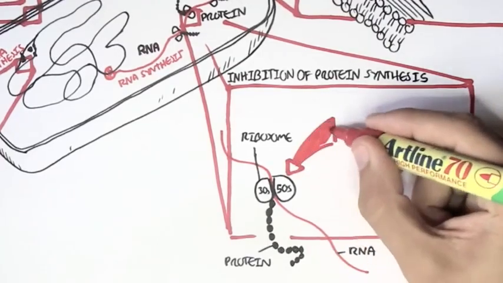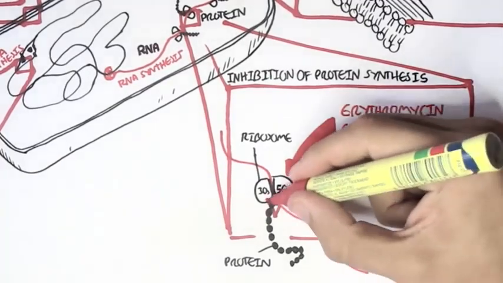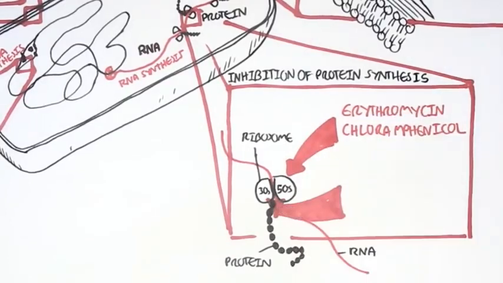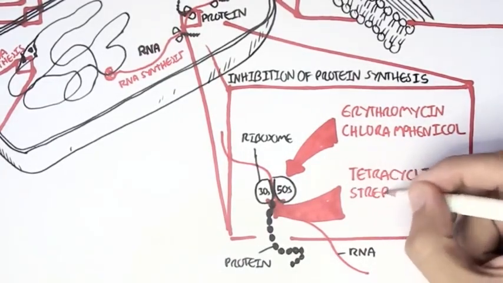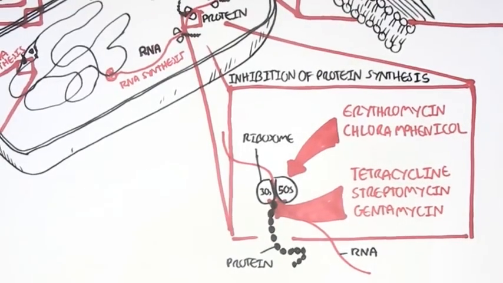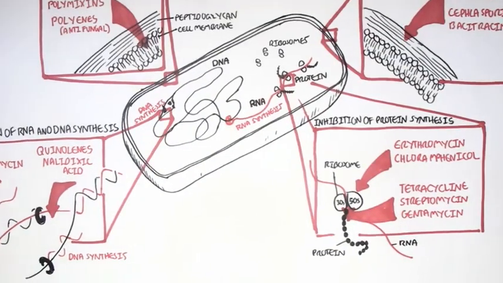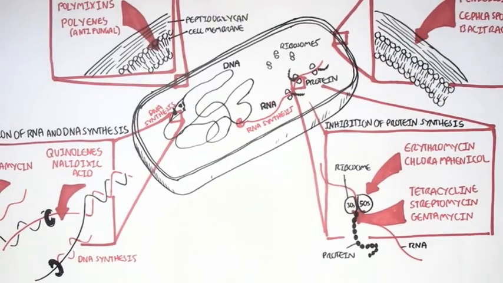Erythromycin and chloramphenicol target the 50S subunit of ribosomes, whereas tetracycline, streptomycin, and gentamicin target the 30S subunit. Either way, this will disrupt the ribosomes from making proteins, so the bacteria is pretty much useless. Thus, the bacteria can still be alive, but it is unable to make anything. And so, these antibiotics that target protein synthesis are bacteriostatic. They prevent bacterial growth.